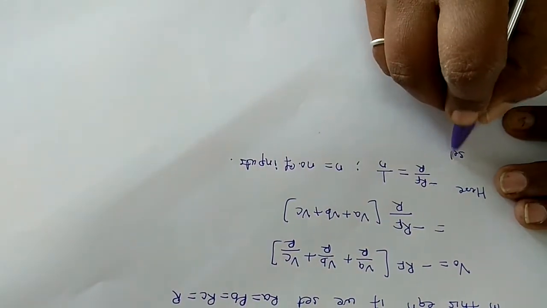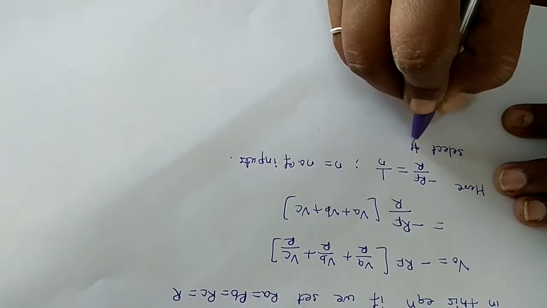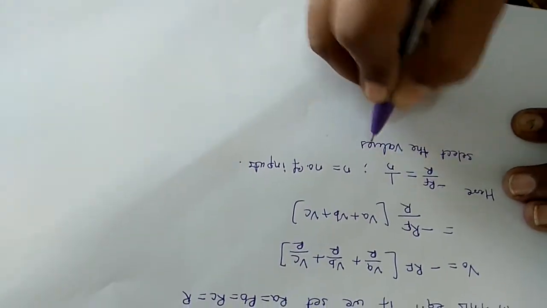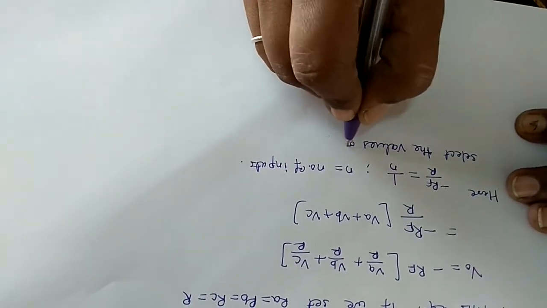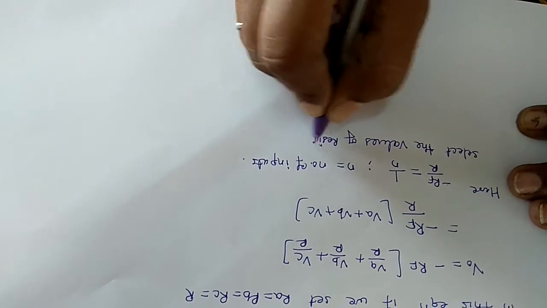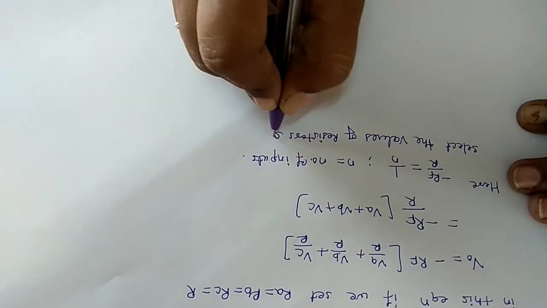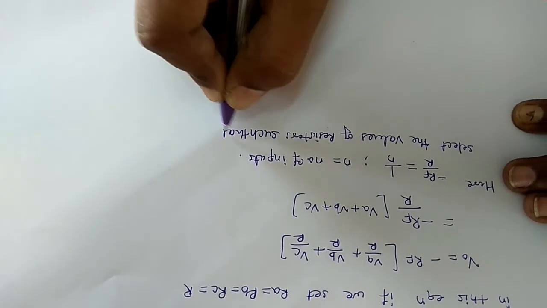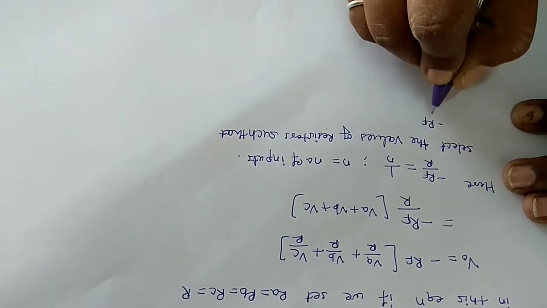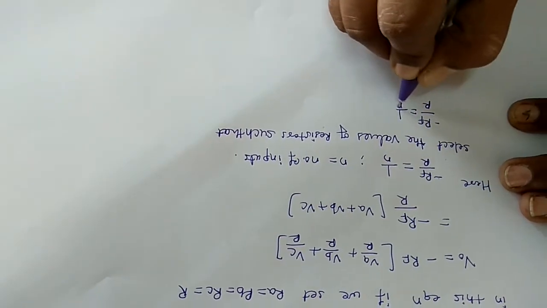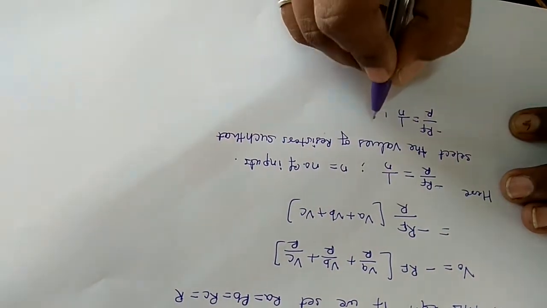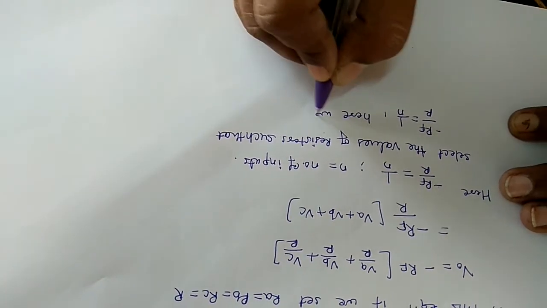So simply select the values of resistors such that minus RF by R is equal to 1 by N. Here we have 3 inputs.